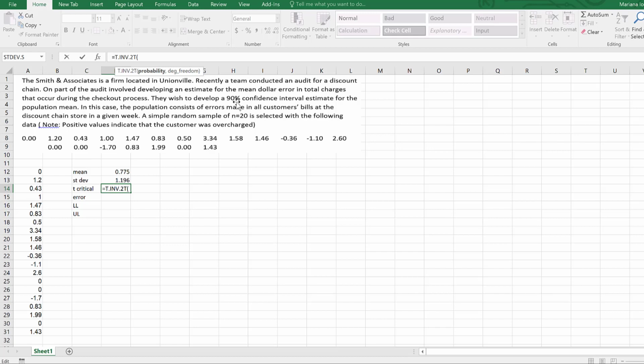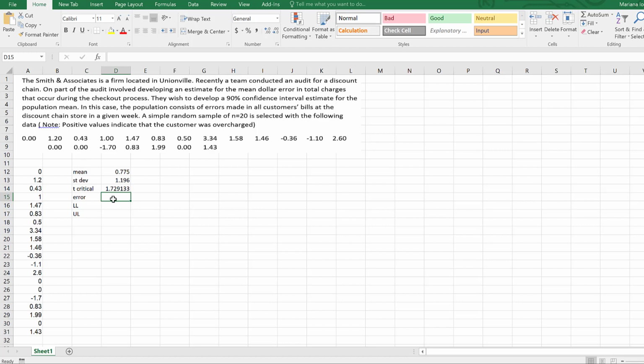We have a 90% confidence interval, so probability is 10%, so decimal 10, comma, degrees of freedom. We have 20 customers, so 20 minus 1, we have 19 degrees of freedom. And this is t-critical, the same that we read from the t-table.